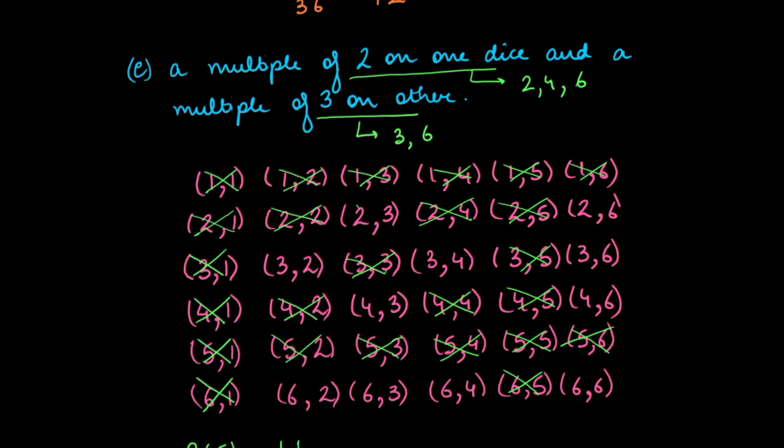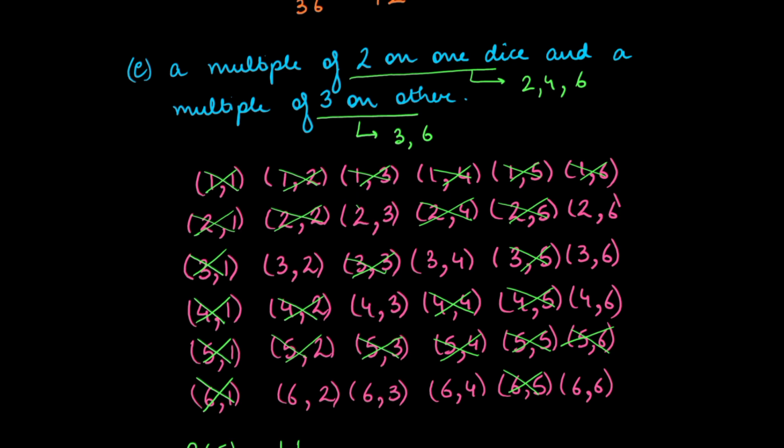Because on one dice there is a multiple of 2 needed and on the other dice there is a multiple of 3 needed. Now next line, let's see. It has 2 on the first dice. Now if 2 is there on the one dice, the other dice should contain a multiple of 3, that is 3 and 6.